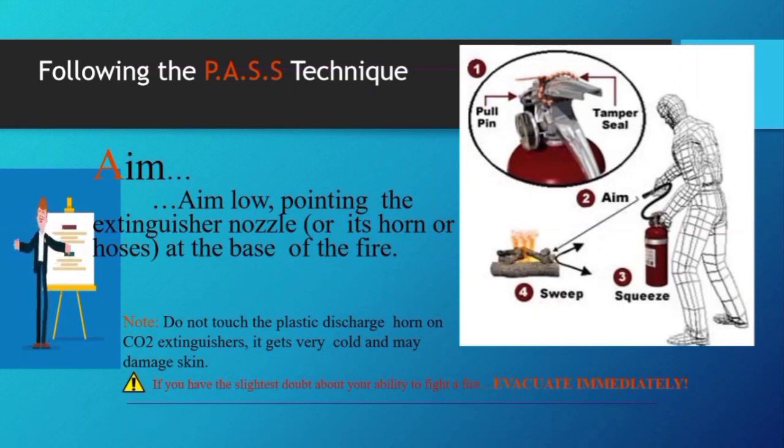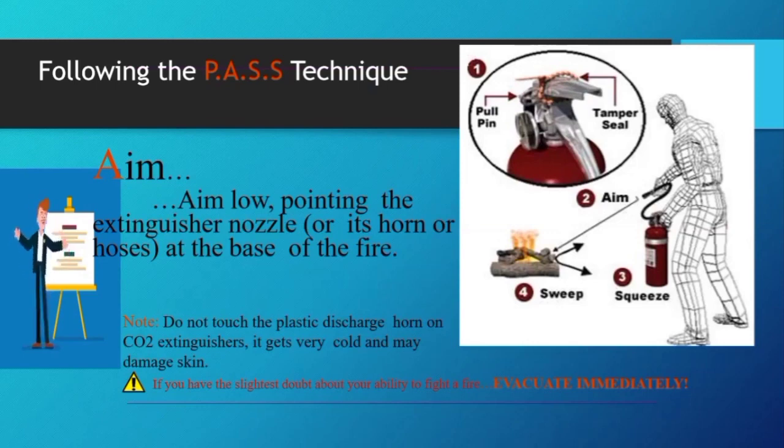You have to extinguish where the fuel is coming from. Because if you only aim at the top of the fire or the flame, you cannot extinguish the fire, since there is still the source of fuel.